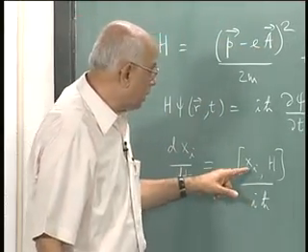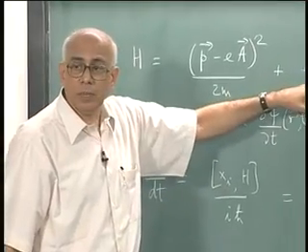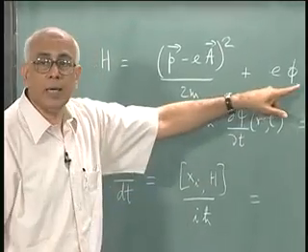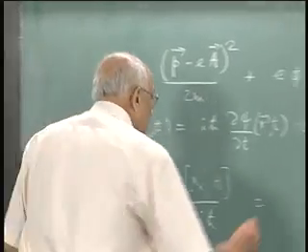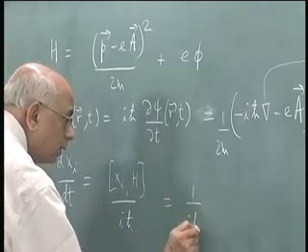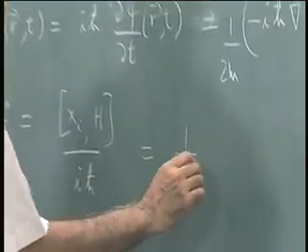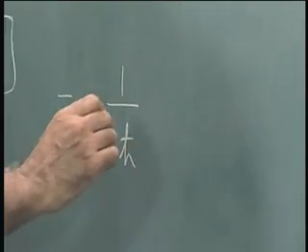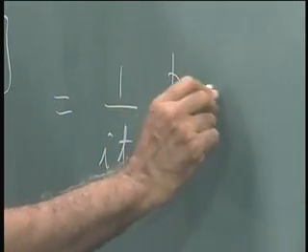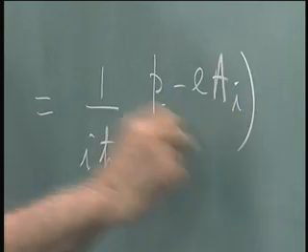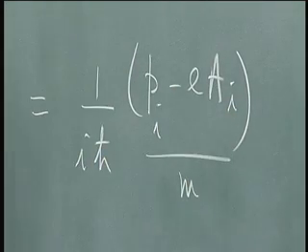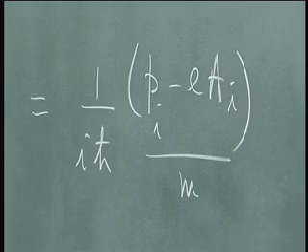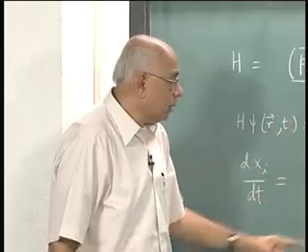And then of course, since this is position and that is position dependent, this guy commutes with that and it does not contribute anything at all. So it is easy to see that this is 1 over i h cross times twice this guy, so it is (pi minus eAi), that is the derivative of that quantity, divided by m, because the 2 cancels out when you differentiate, and that is it.